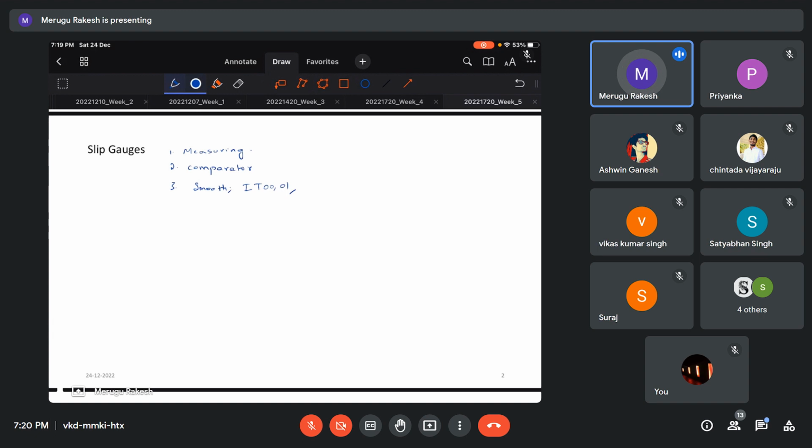What material do we use for slip gauges? Okay, mild steel. Why mild steel?